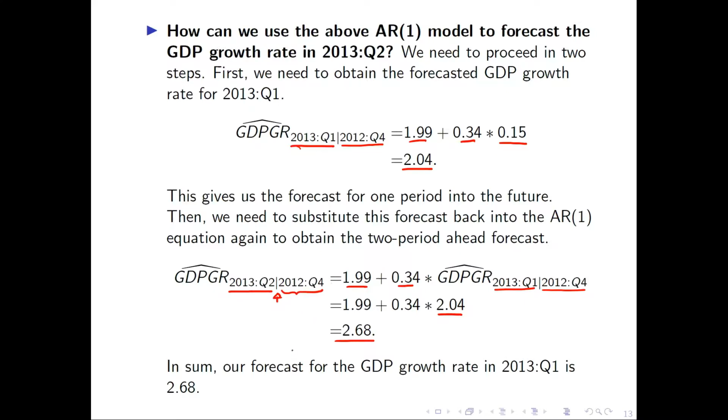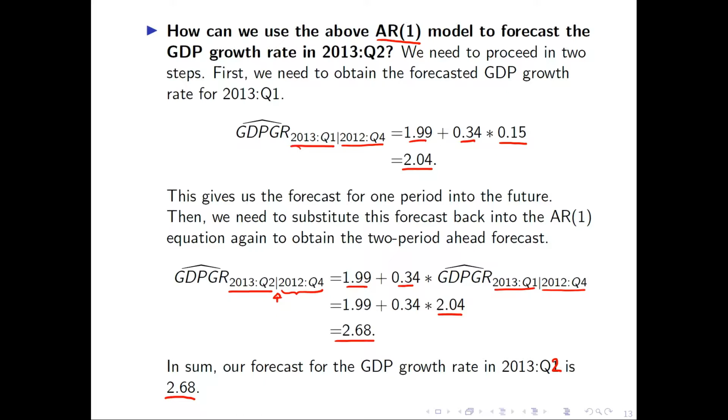So with what we know in 2012 quarter 4 and our AR1 model, our forecast for the GDP growth rate in 2013 quarter 2 is 2.68%.